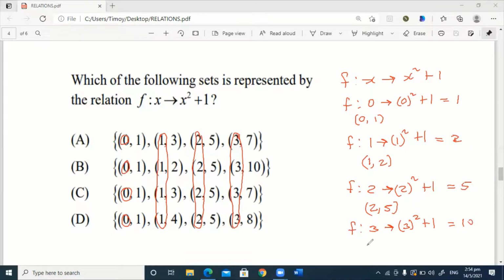So what we are saying here is, when x is 3, y is going to be 10. So it's going to be 0, 1, 1, 2, 2, 5, and 3, 10. Which one is that? That one is option B. So this is the answer.